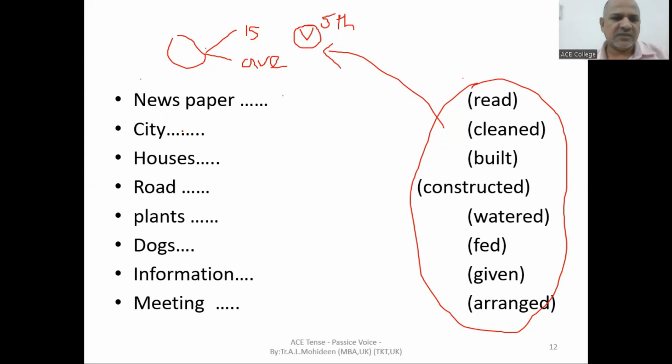What about the second? City is cleaned. It's present tense. Houses are built. Road is constructed.